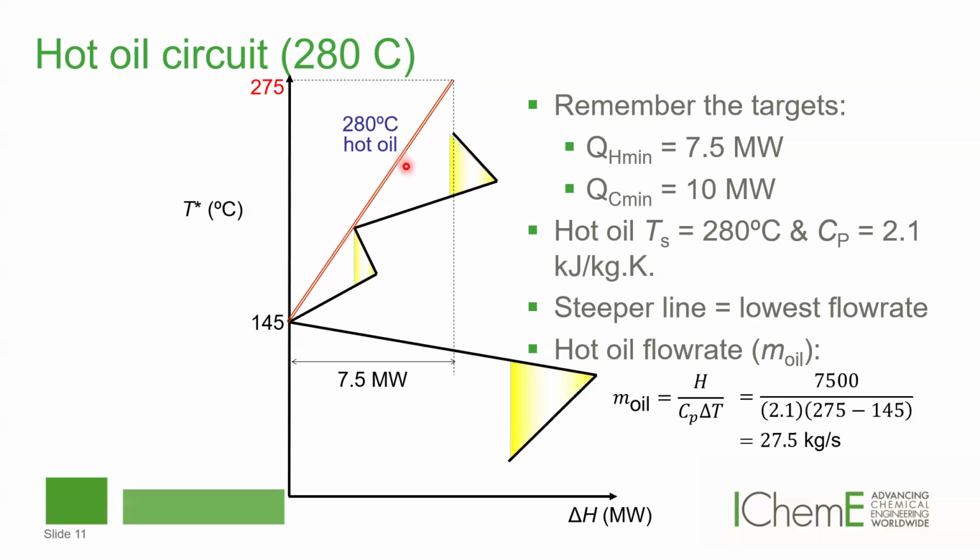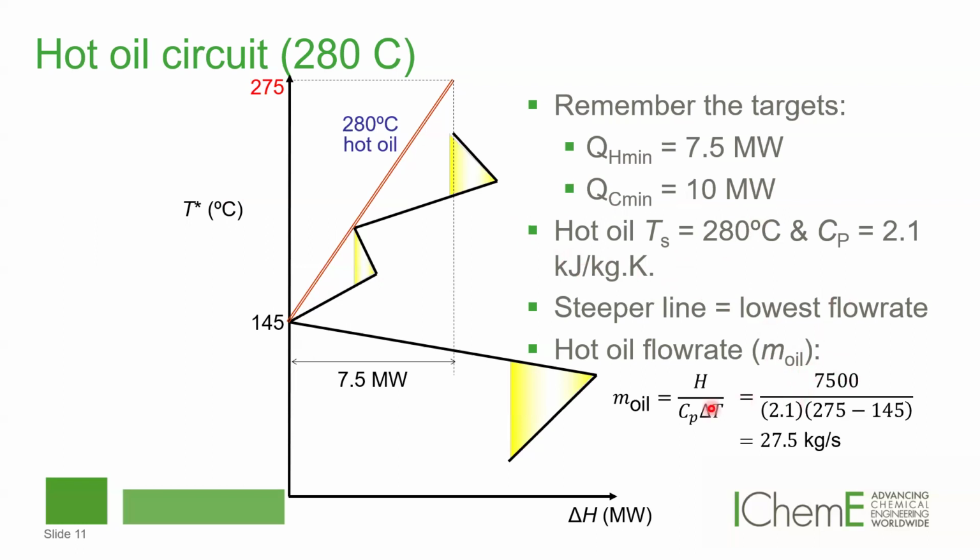So how to do that? We just simply divide the enthalpy, which is 7.5 megawatts, by the CP value. Since it's in kilojoules, we just use the kilowatts instead.